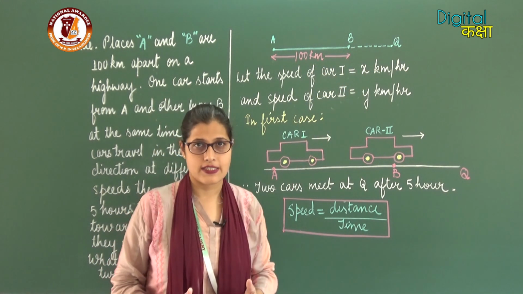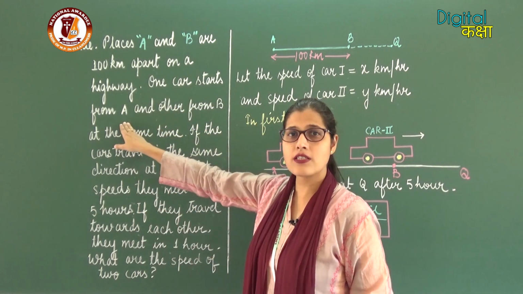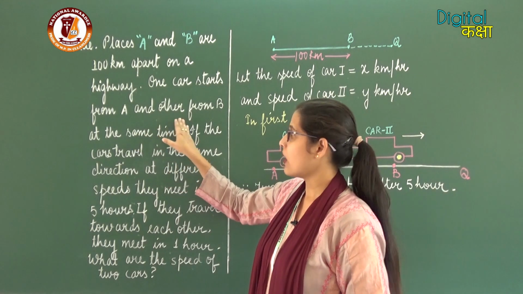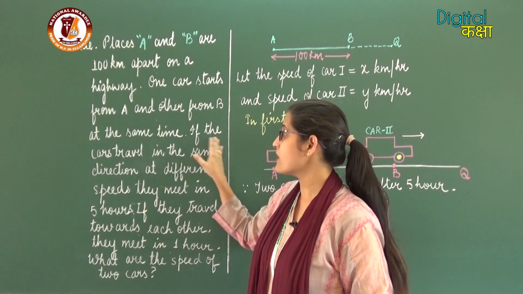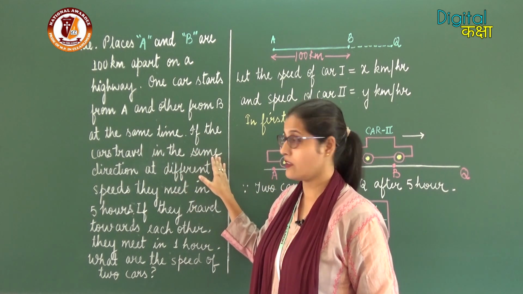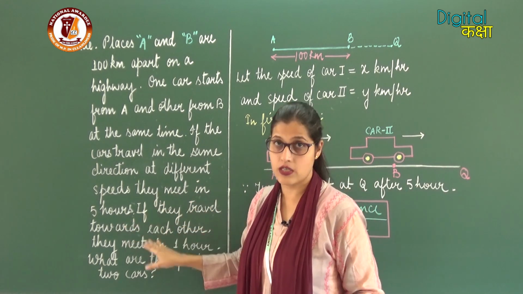In the first case, it is given in the question that one car starts from A and the other from B at the same time. If the cars travel in the same direction at different speeds, they will meet in 5 hours.